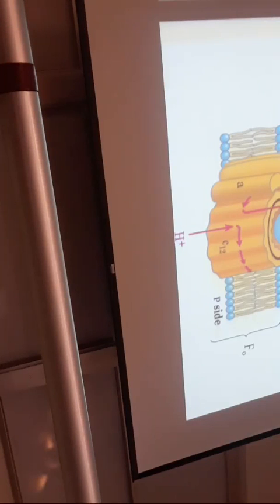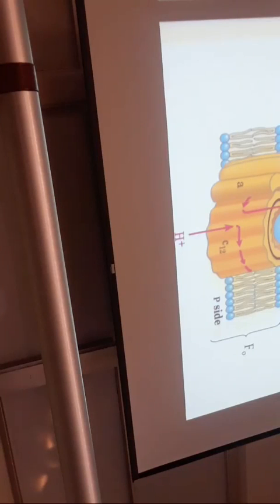And the F1 part also contains a number of subunits, among others, two subunits called alpha and beta subunits that form a hexameric ring. Via the interaction with these subunits, here shown in golden, this hexameric ring is held stationary.